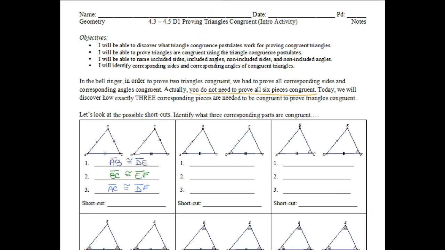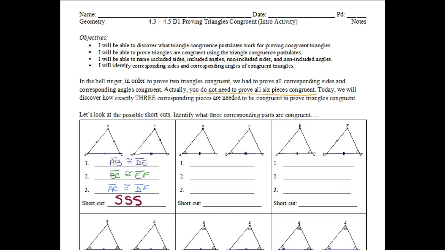So you should have seen that all 3 sets of sides are congruent. The shortcut in this case is side, side, side. And we abbreviate side, side, side with SSS.